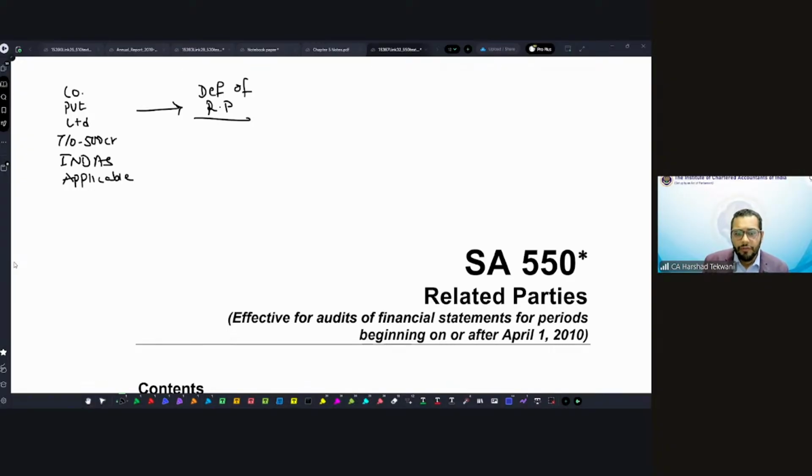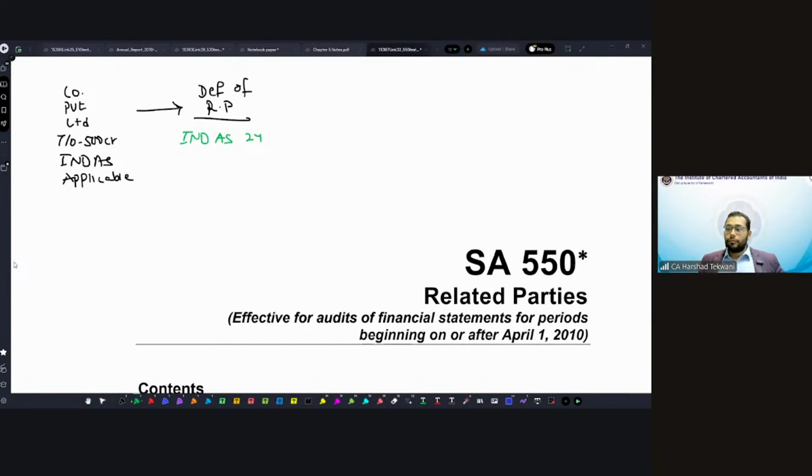Now, for that definition of related party, you are saying you will apply the financial reporting framework, that is Ind AS. I'm saying, okay, fine. Ind AS 24, related party disclosure. That is one of the scenarios. What else? Is it sufficient? No, sir.